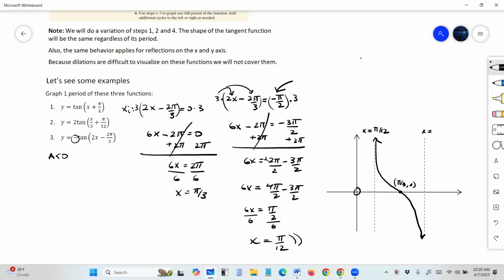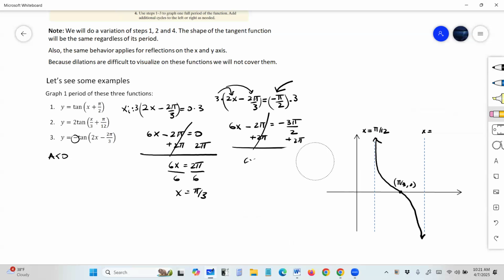Now, ignore the fact this is not the origin 0, 0, okay? This is just here because I wanted to show you the axis. Now, how do we find the right asymptote? I'm going to erase all of this again so I can write it over here.